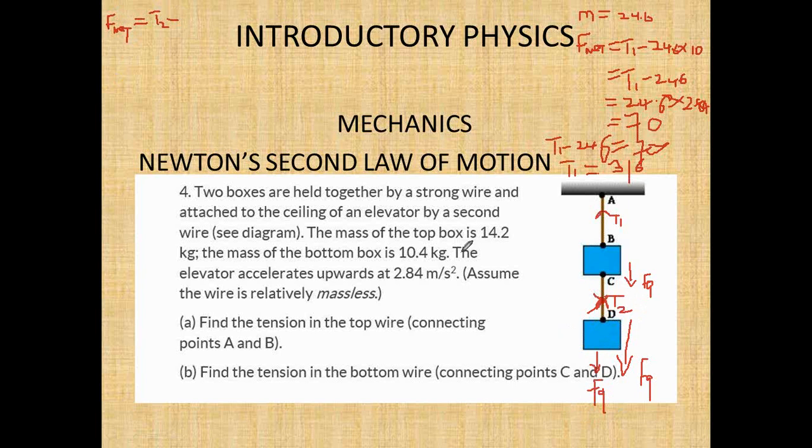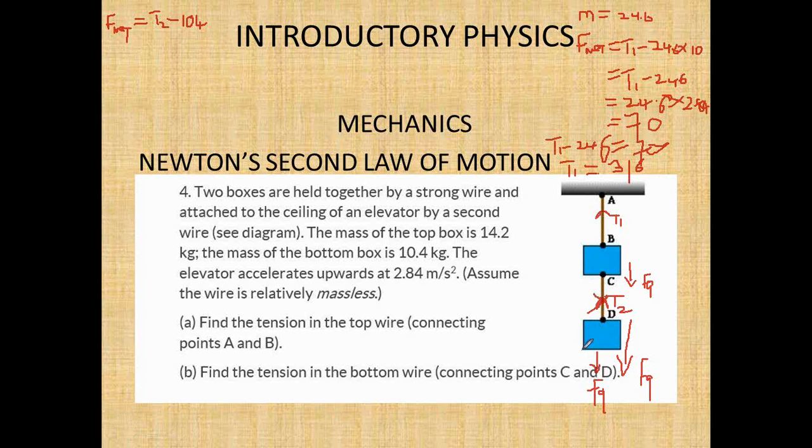And then the force due to gravity on the bottom box is the mass. The mass of the bottom box is 10.4, and then the acceleration due to gravity, we just round it off to 10. So it's 10.4 times 10, which is 104. Okay, I hope I'm not moving too fast. Okay, so this is the net force, which is the tension pulling the box up, and the difference between the tension pulling the box up and the force of gravity pulling it downwards.